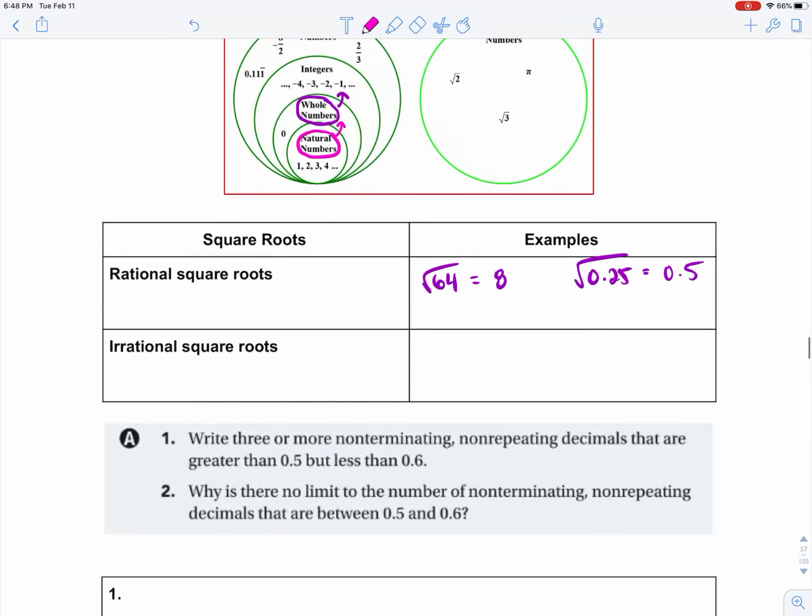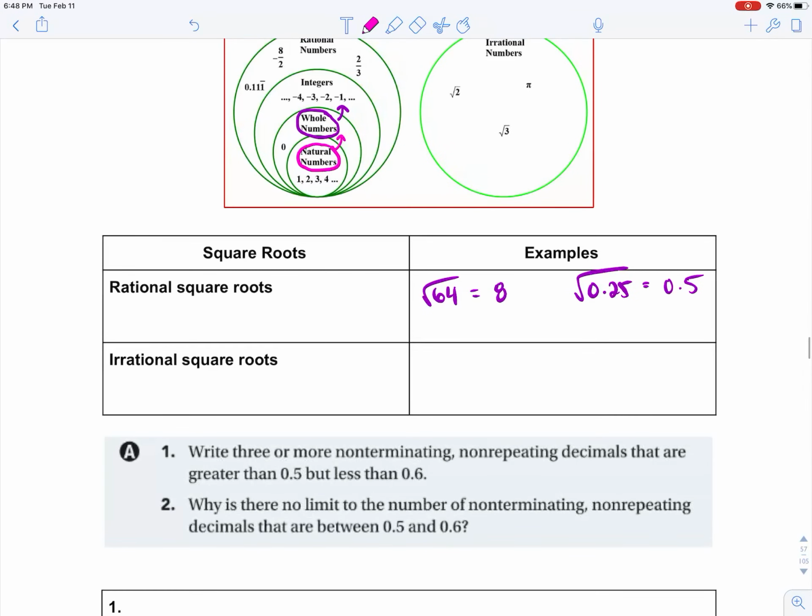All right. Irrational square roots. Remember, irrational means that you are non-terminating, and you are non-repeating. The first one that pops into my brain is the square root of 2.